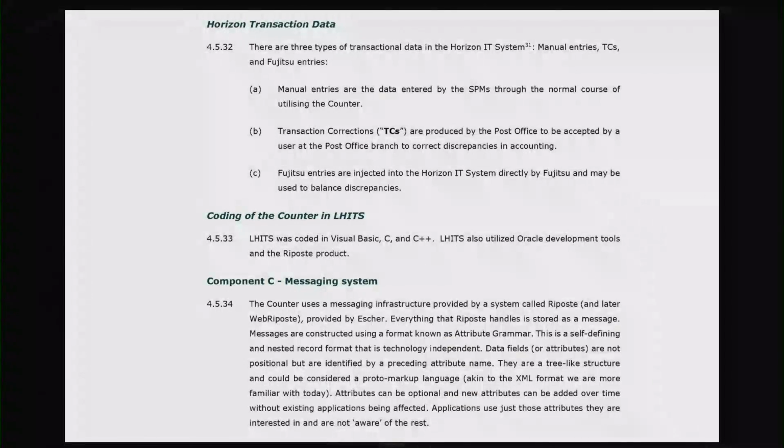You mentioned lastly, in relation to this component A of Horizon, that Horizon, Legacy Horizon, was coded in Visual Basic, C, and C++. It also utilized Oracle development tools and, as you've said already, the Riposte product. And where in your categorization of the types of software do those species of software sit?